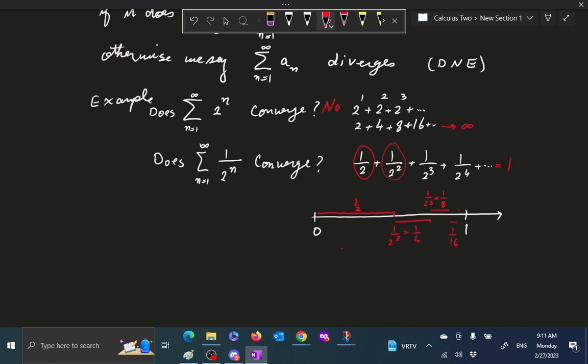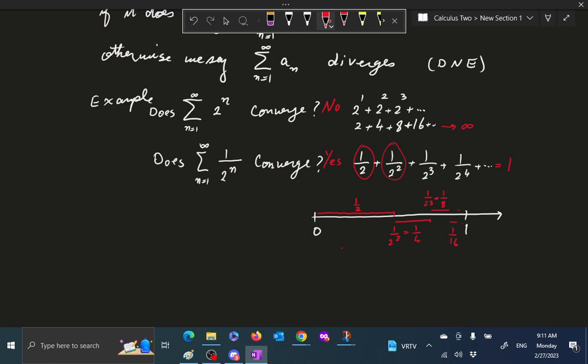So does it converge? Yes. Here we have the luxury of knowing what it converges to. That's not common for a series, to actually know what it converges to, but in this simple case we actually have a sense as to what the answer is going to be. We say yes, this series converges, and it converges to 1.